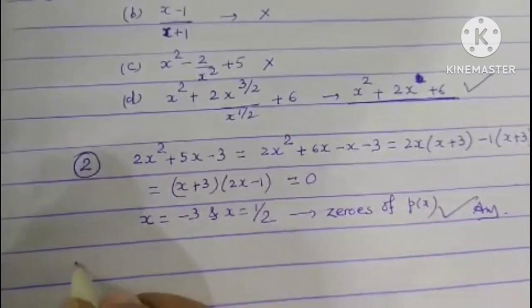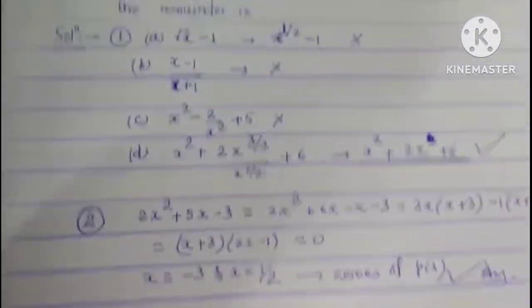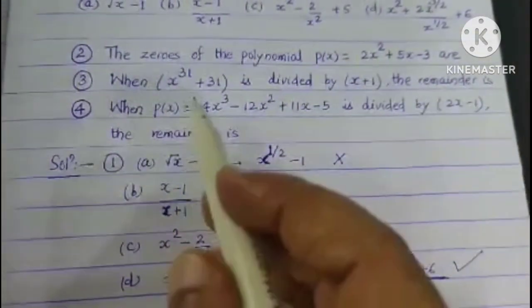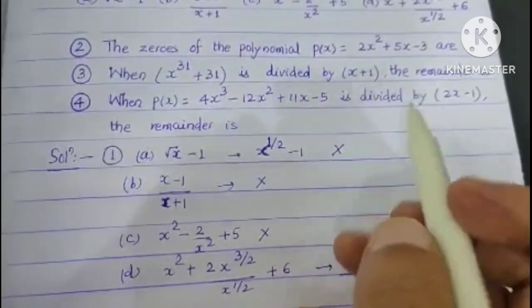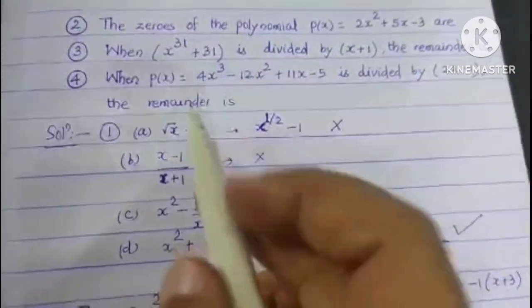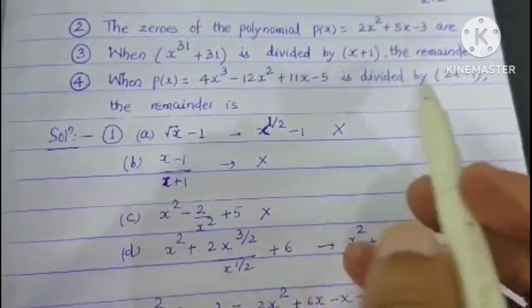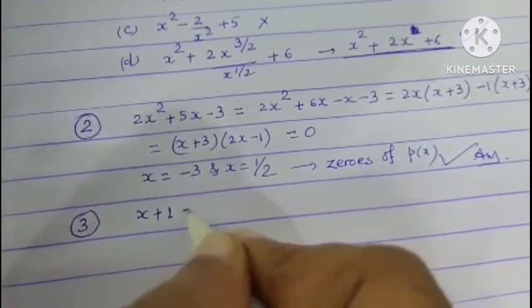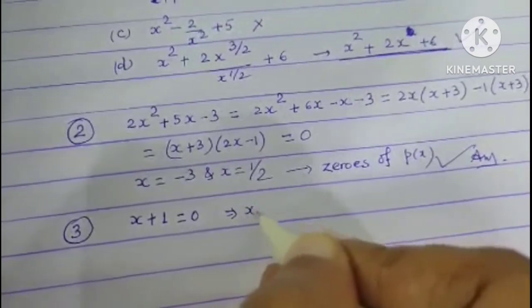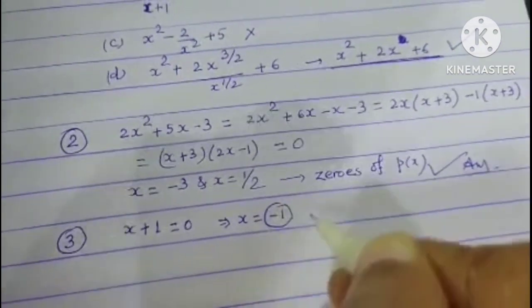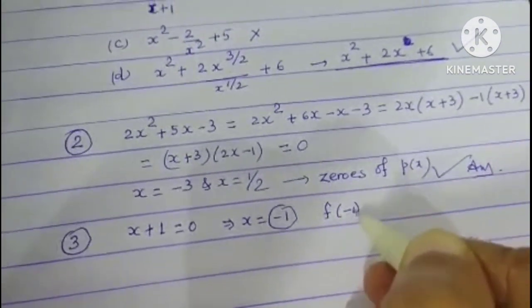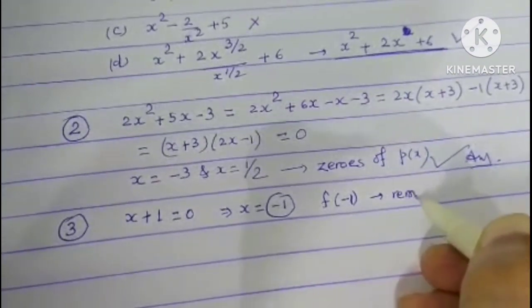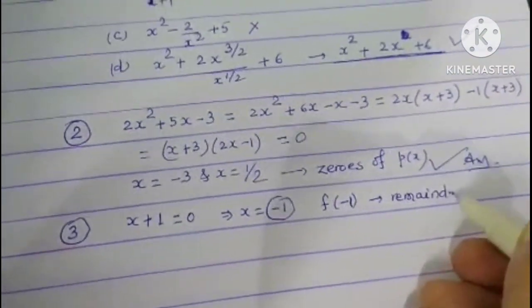Okay, let's move on. Third question: when this expression is divided by x plus 1, the remainder is. So we have been given x plus 1. When you make it 0, this implies x equal to minus 1. So f(minus 1) will be the remainder, as we know from the remainder theorem.